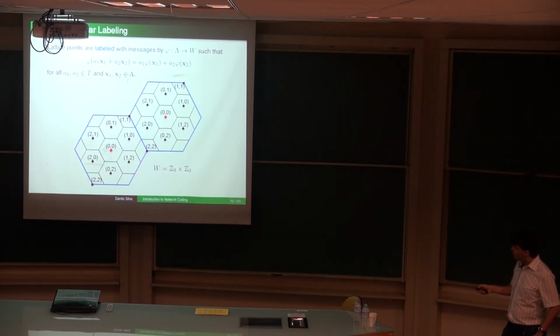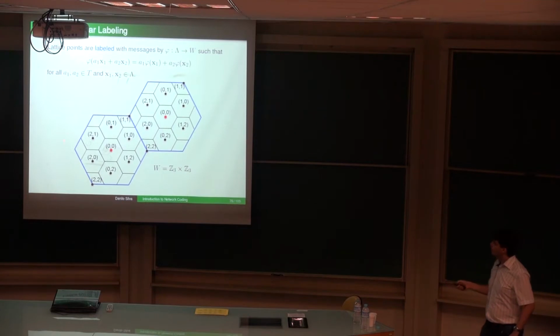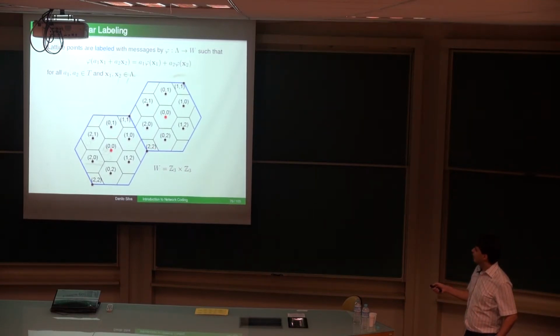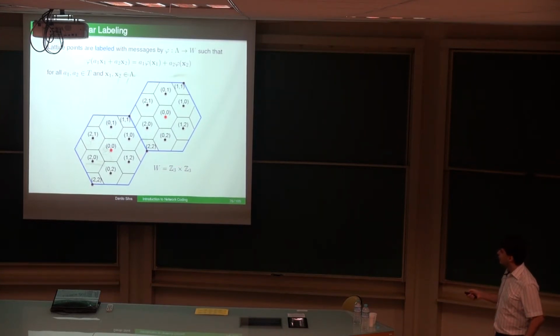If we use this labeling, then we can see that the labeling is linear. It's a homomorphism. For example, if you take this lattice point and this lattice point here, and add the two of them, you will get this point, and that corresponds exactly to the summation in this module.